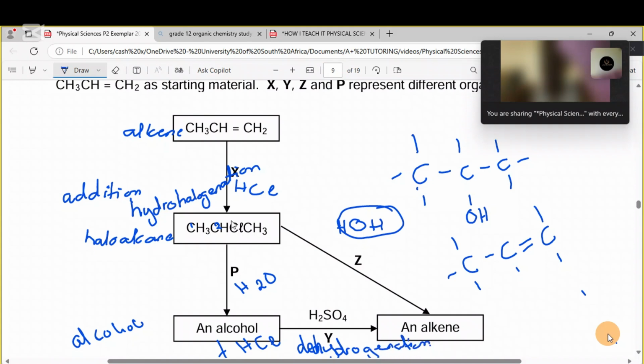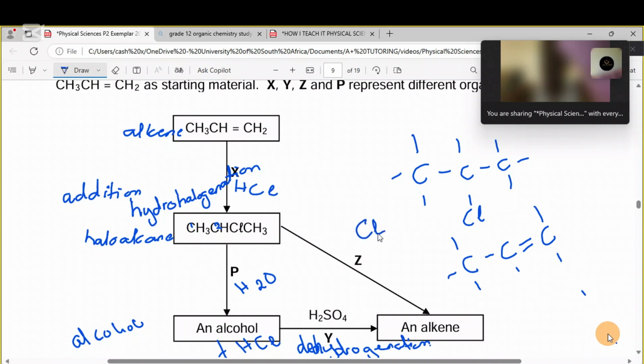Okay, now again, I'm moving from this, because this one was Y, right? Now let's do Z. Z is the same as the alcohol, but without the OH, it had a Cl. I'm moving from this to the alkene. What did I remove? We removed the chlorine.